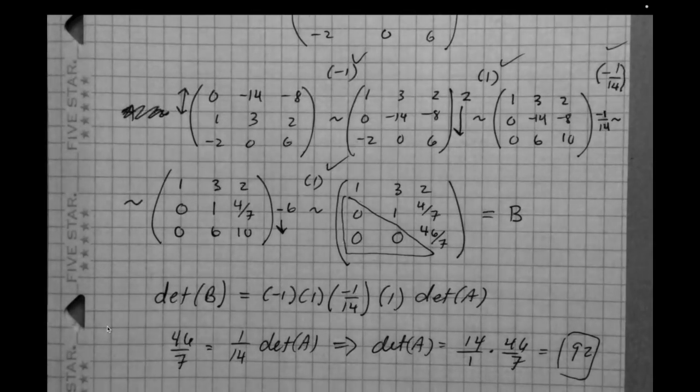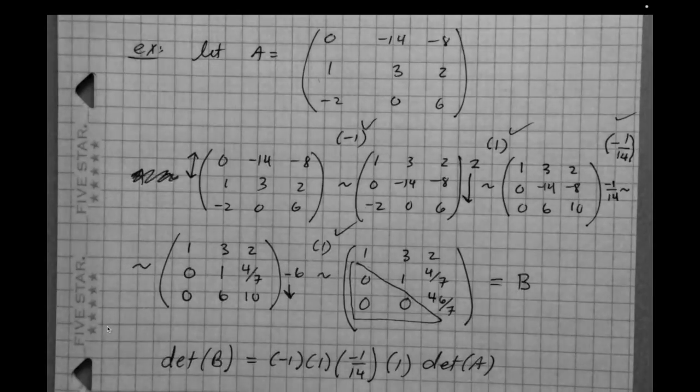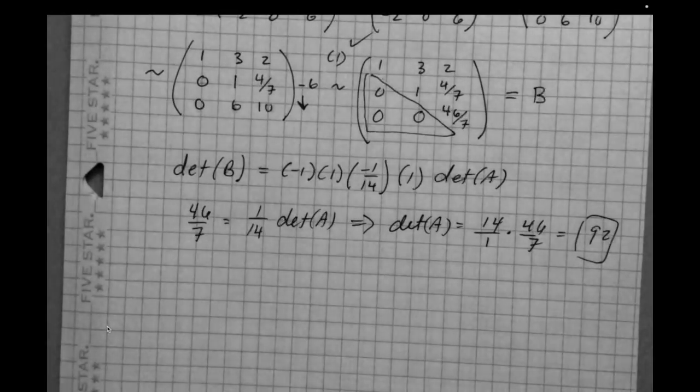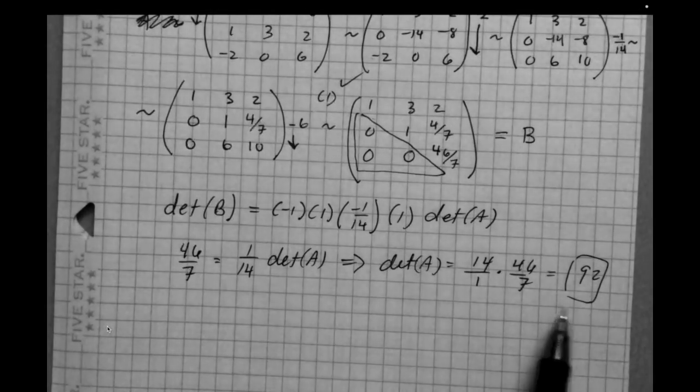Okay, so I've calculated the determinant of this 3 by 3 using this method. Now, in the case of a 3 by 3, it's questionable whether this is faster. But in the case of a 4 by 4, there's no question that this is faster. So there's no question that using this approach, just row reducing till you have an upper triangular matrix, if you can do that, you can do it relatively quickly.